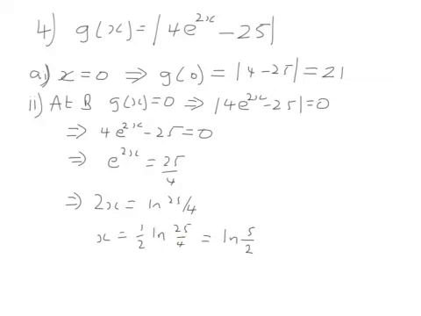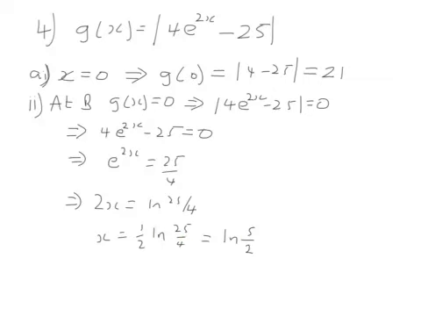So therefore 4e to the 2x minus 25 equals 2x plus 43. Now they want us to show that it's of a particular format, so let's add 25 to both sides. So 4e to the 2x equals 2x plus 68.